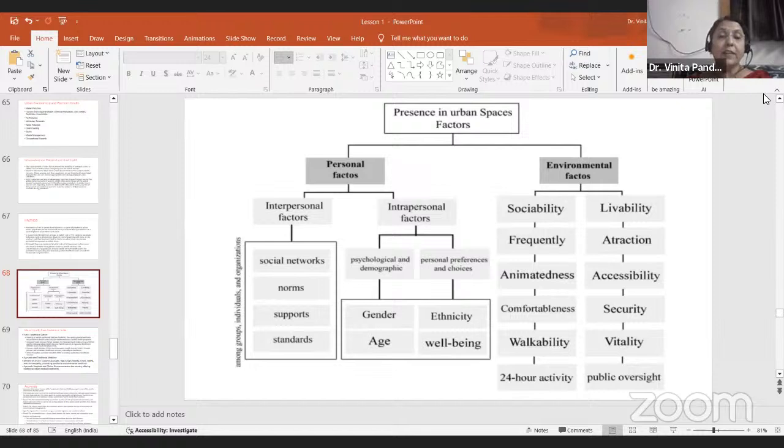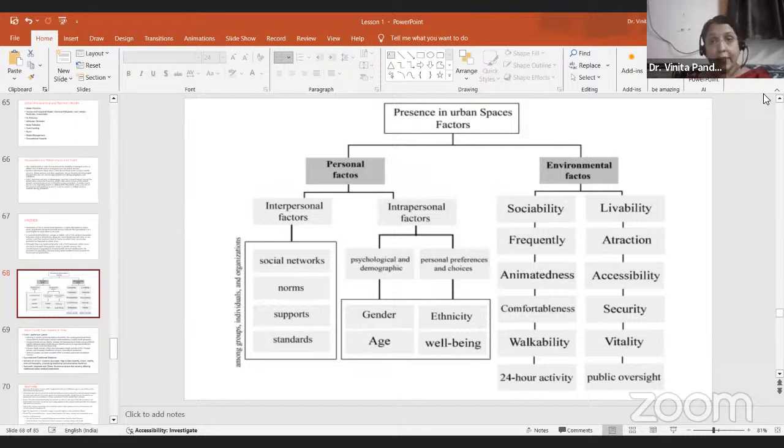In interpersonal factors, we are trying to understand how the social networks are. If the social network is supportive, norms are flexible, there are good ethical standards, then women's presence in urban spaces is better. My intention is not to show down any culture, but I'm sure you might have seen the images in countries like Afghanistan during the Taliban period.